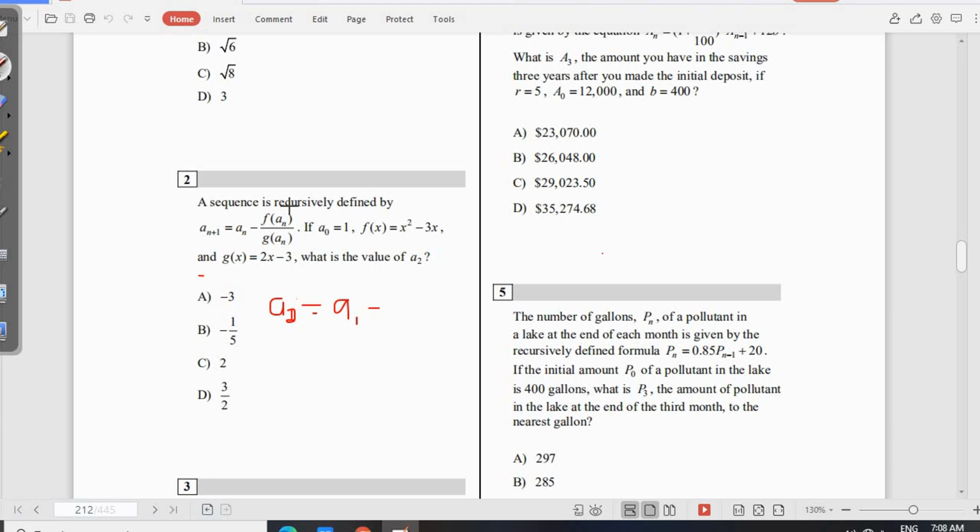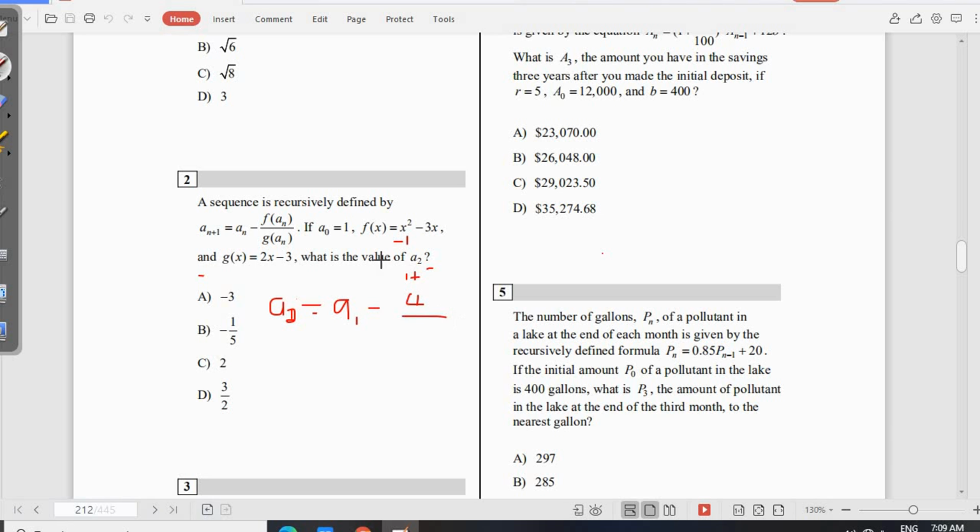So f of a1, that's f of minus 1. We put minus 1 into f of x here. So it's minus 1 squared is 1. 1 minus 3 times minus 1 is plus 3. So we have 1 plus 3, which is 4.